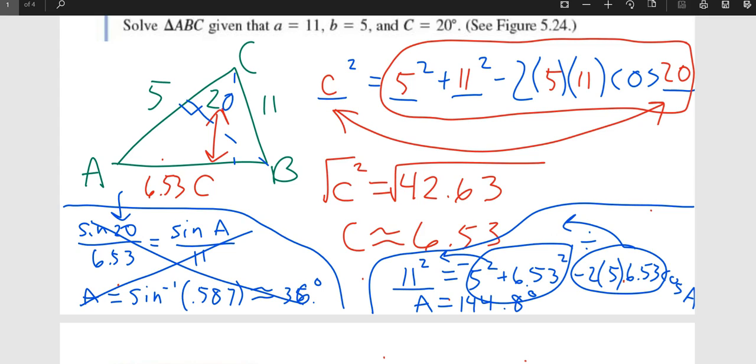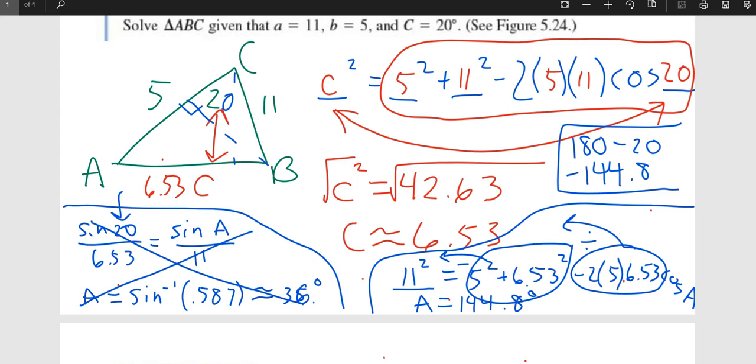Then you can switch to good old geometry, right? 180 minus 20 minus 144.8 to find your last angle, which gives me 15.2 degrees.